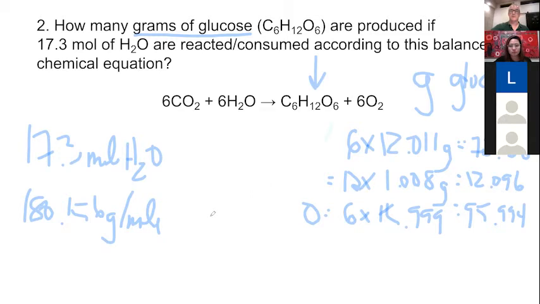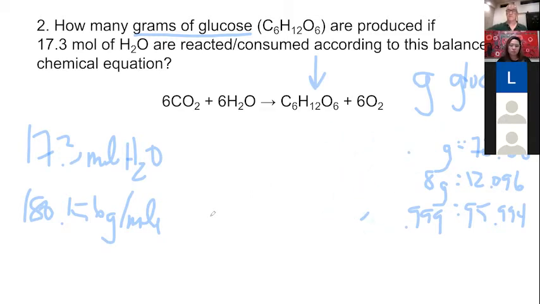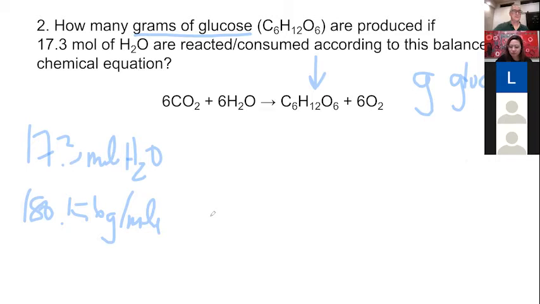Now we set up our equation. We start with the information we're given. Pretty much the only information we're given is that many moles of water. So I'm going to need to multiply that by something. What's the first conversion I need to make? I need to convert moles of water to moles of sugar. That's right. You always need to figure out from the balanced equation how many moles are going in and how many moles are coming out.